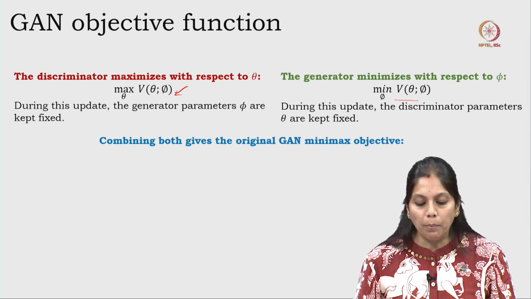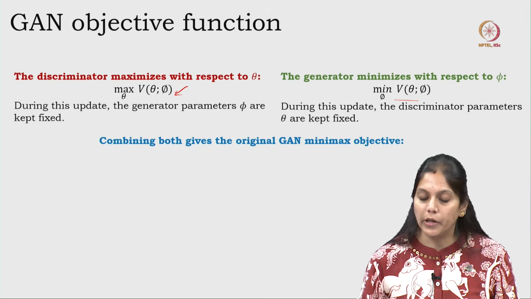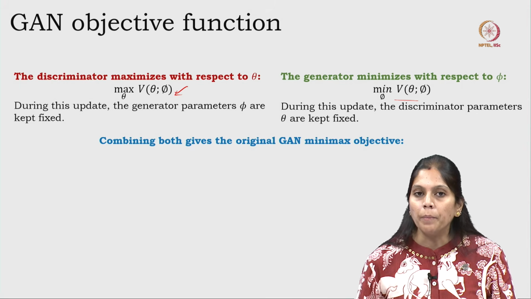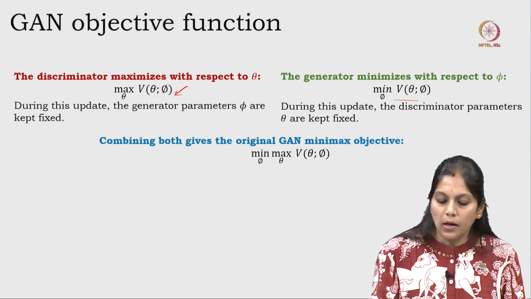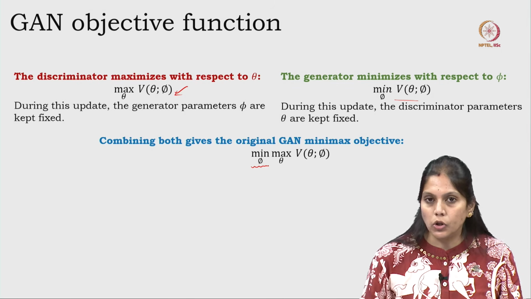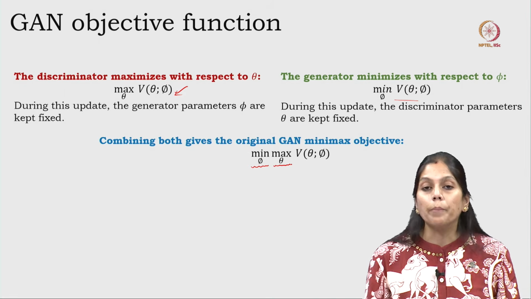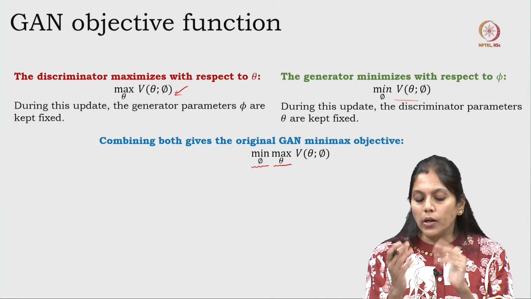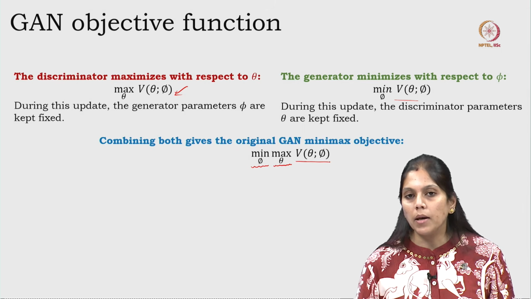We have the generator and discriminator together as one. So combining both gives the original GAN min-max objective. How do you combine them? One is minimum, the second is maximum. The aim of the generator is to minimize, and the aim of the discriminator is to maximize. By combining both, we obtain a min-max.